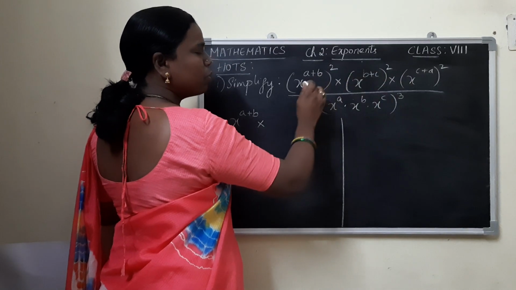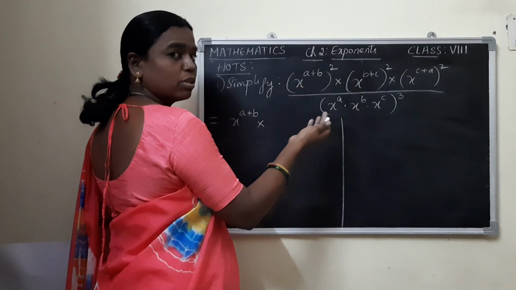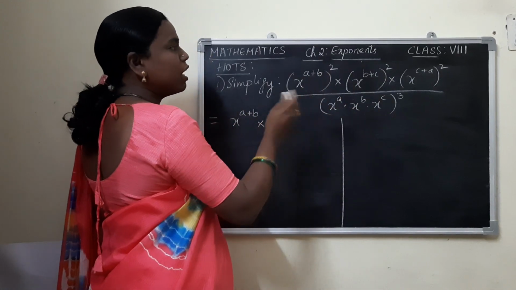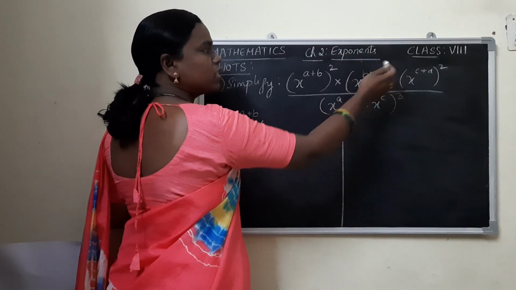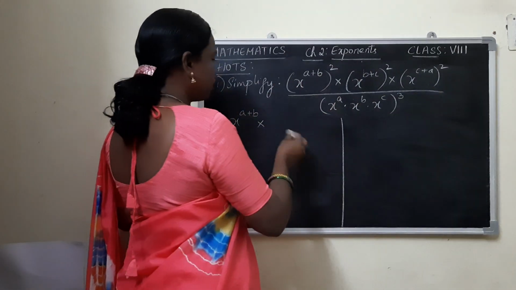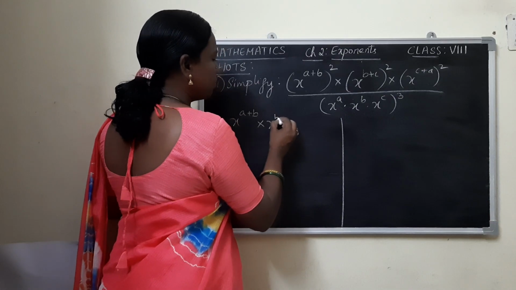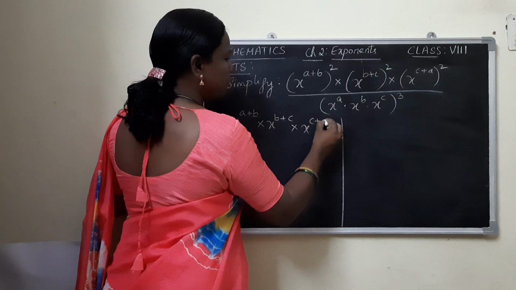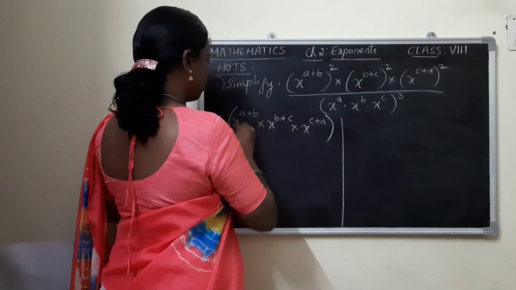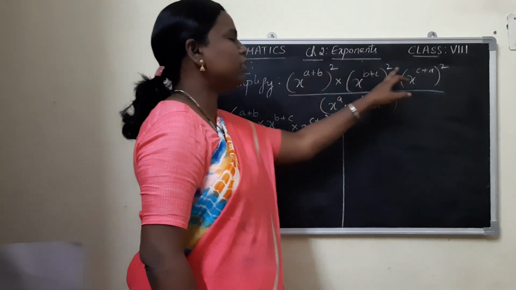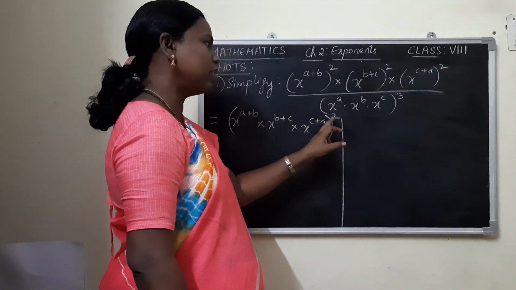If the bases are different and the powers are the same, you can multiply the bases and take the common power. So here I am taking all the bases together into one group and then combining the power. All of them have the same power, so I am taking the power at the end.